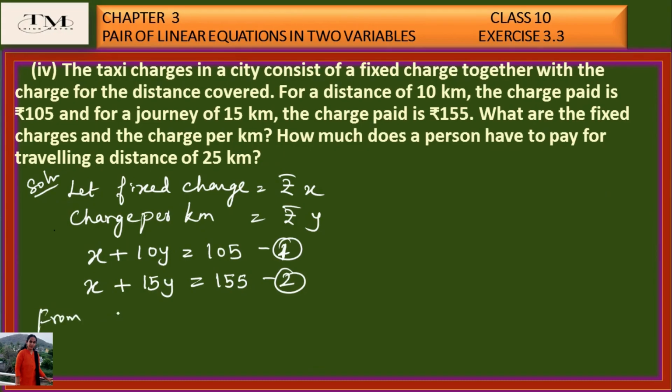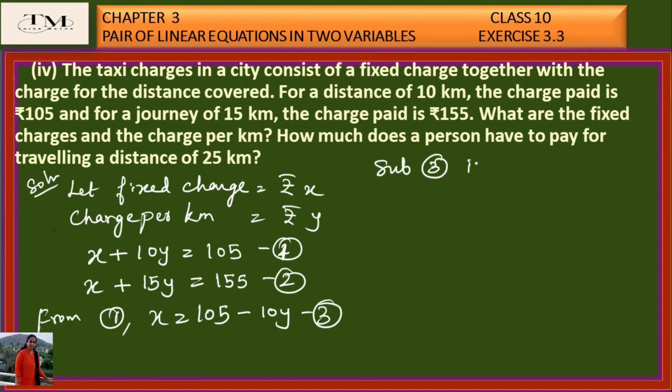So from 1 we can find the value of X. So X will be equal to 105. This plus 10Y will become minus 10Y. So this is the third equation. So we can substitute 3 in 2. So we got from 1, so we are substituting in 2. So instead of X, 105 minus 10Y.